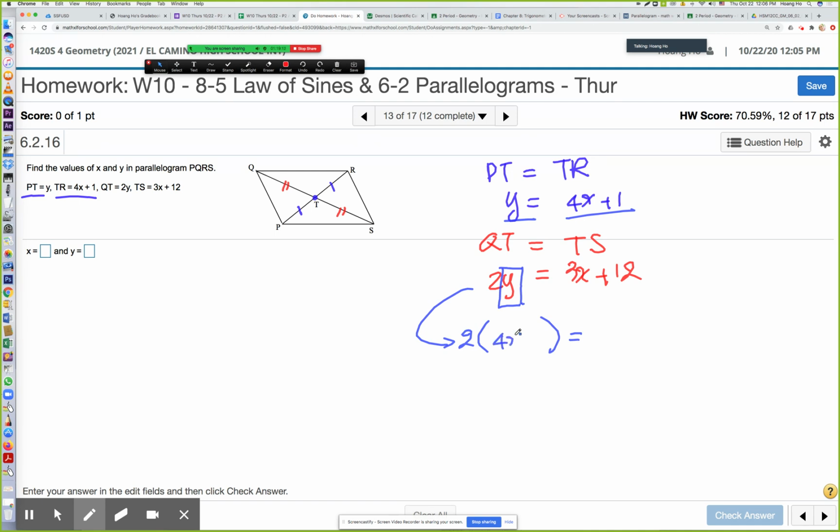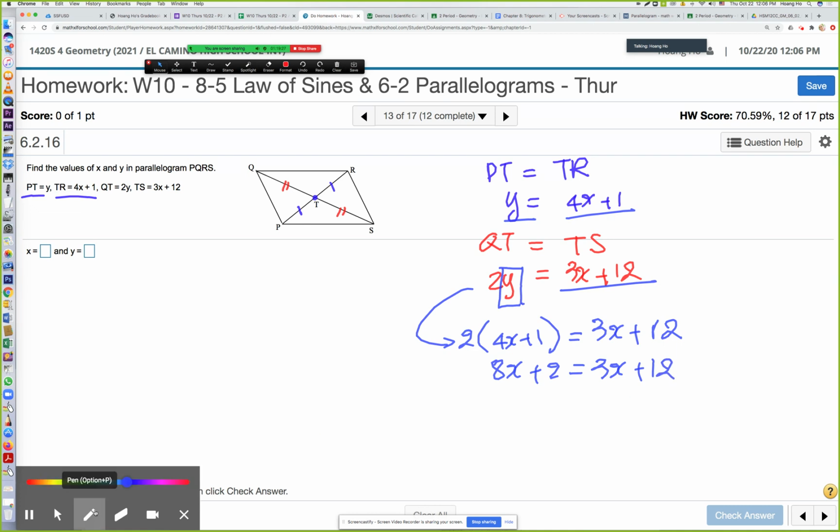And this is equal to 3x plus 12. So you solve this equation. 2 times 4x, that's 8x. 2 times 1, that's 2. And then 3x plus 12. After you substitute the value of y, now the equation only has x.